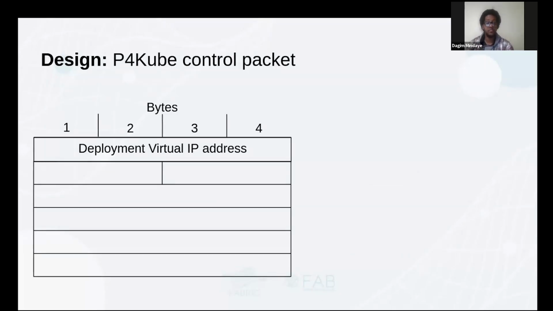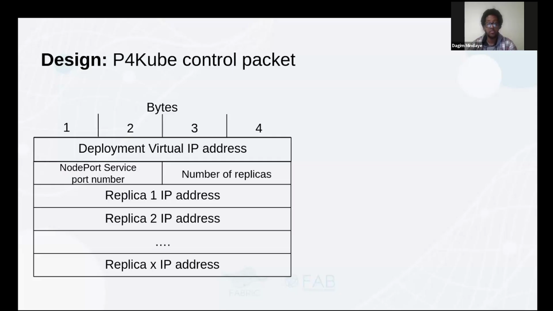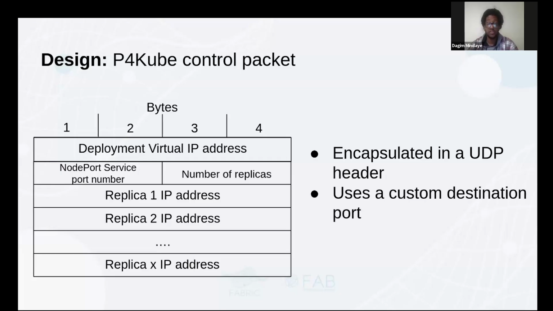This is the packet that we will be sending to the switch. It includes the deployment's virtual IP address, node port service port number, the number of replicas, and the different IP addresses of the replicas. And this will be encapsulated in a UDP header, and it also uses a custom destination port so that once we send this to the switch, it knows if this is coming from our servers and not coming from a client.